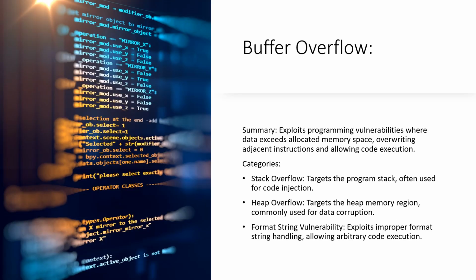These are the different attacks that I researched. Summary: buffer overflow exploits programming vulnerabilities where data exceeds allocated memory space, overwriting adjacent instructions and allowing code execution. The categories are stack overflow, heap overflow, and format string vulnerability.